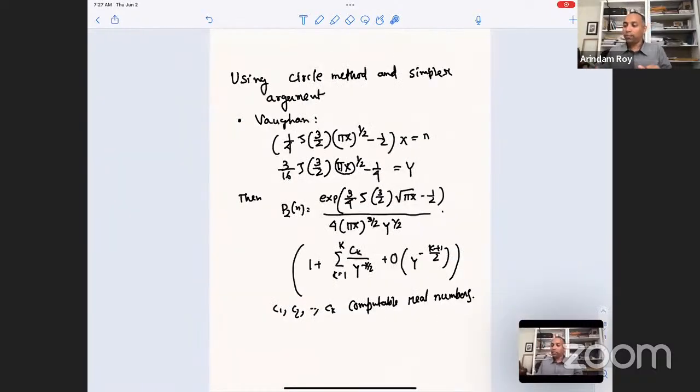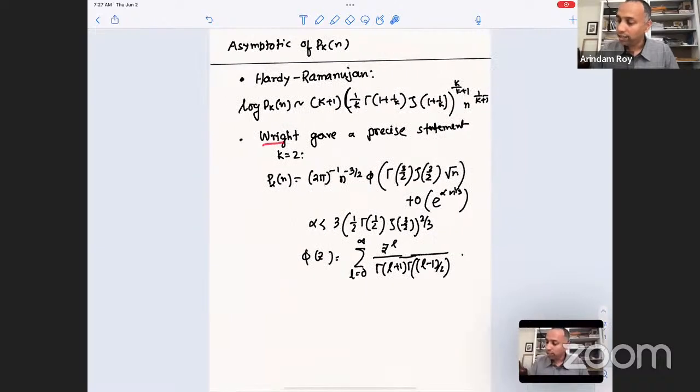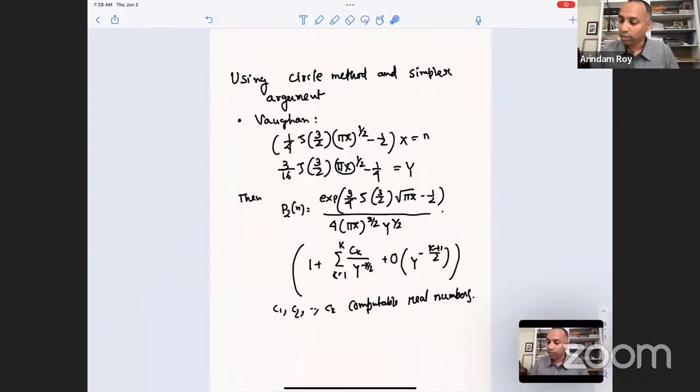Let me look at this method actually. Sorry, I'm going a little hard. So what is that? This result is by Vaughan. Vaughan got the same result as Wright. The only difficulty is that Wright's method was more complicated. Vaughan used the circle method and it's easy to see the heuristic. And Vaughan proved that if you take capital X and capital Y, they're connected by this kind of equation.